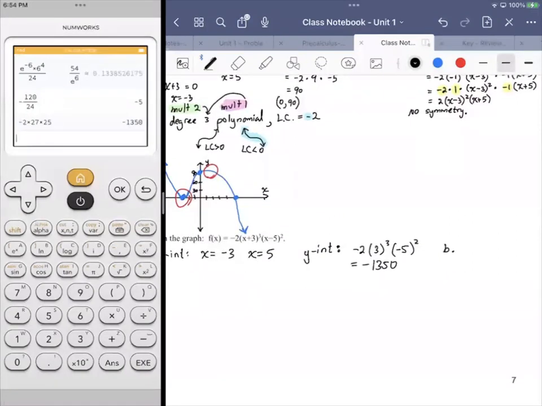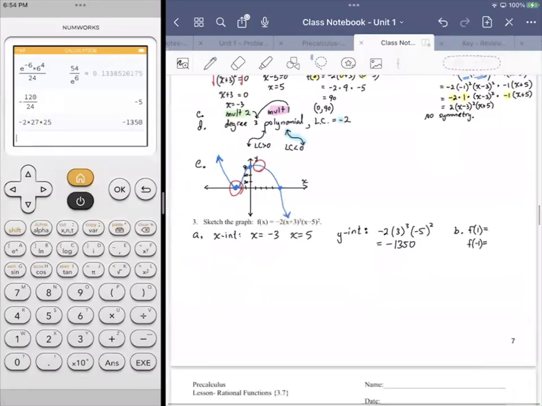The issue with doing it with a test point is that you could end up with coincidental values. So I recommend using a couple of test points so that you can really flesh it out. But I'm going to find f of 1 and f of -1. And let me shift this over because I never give myself enough room.